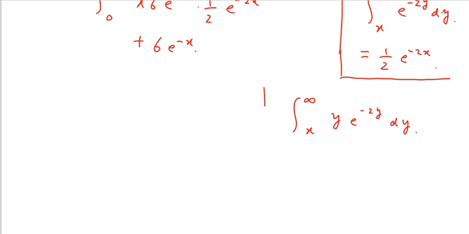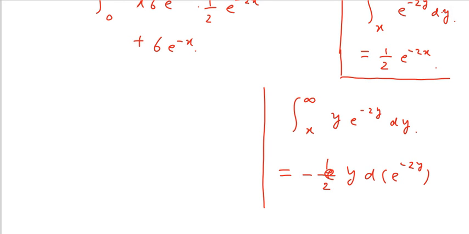So we just put this, log y, d e to the negative 2y. So this is a constant, negative half, right? So this equals negative half y e to the negative 2y, from x to infinity.